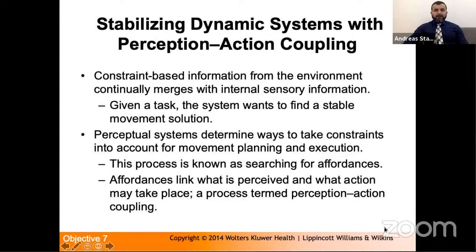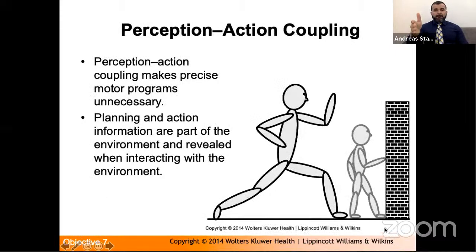Perception action coupling. We've talked about that before. What is that? Well, we talked about how our perception is very important of what's going on because we're basing our actions on our perception. So here we're running. When we perceive that the wall is really close, we stop.